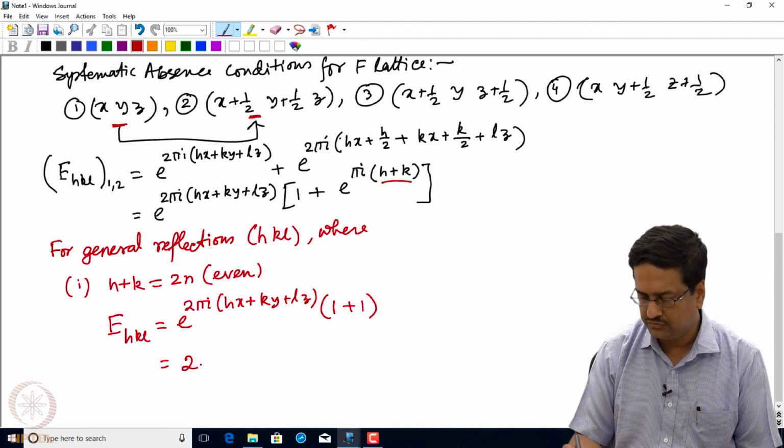So it is equal to 2 e to the power 2 pi i (Hx plus Ky plus Lz).